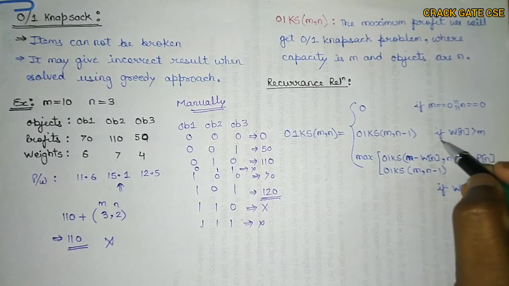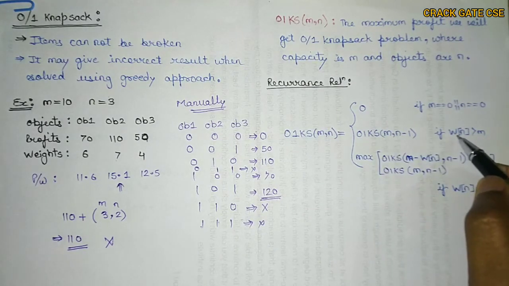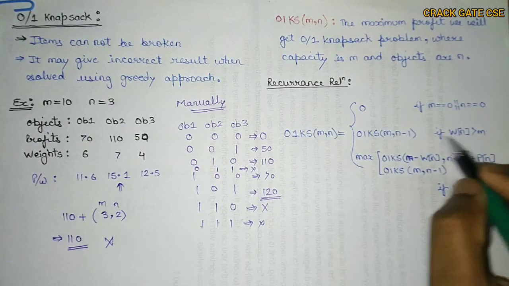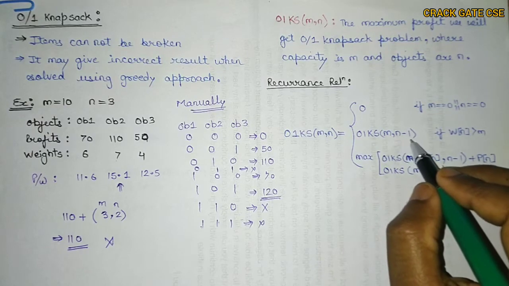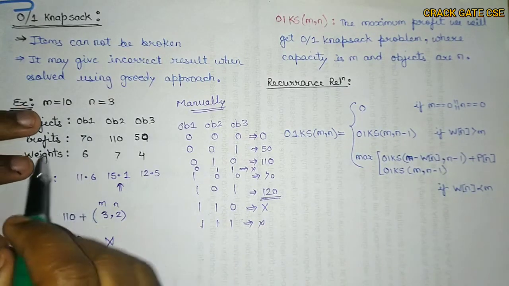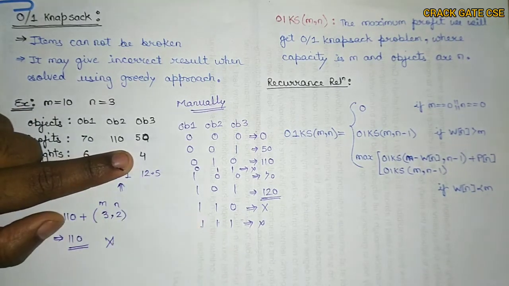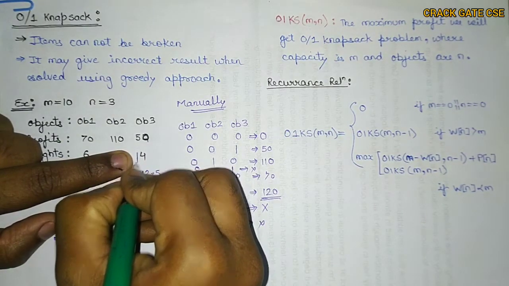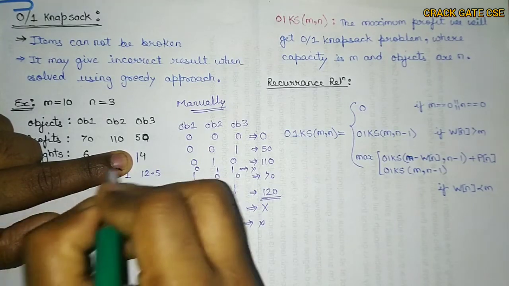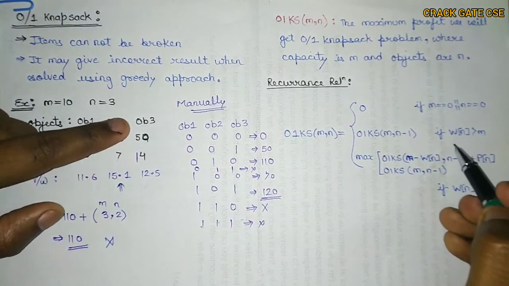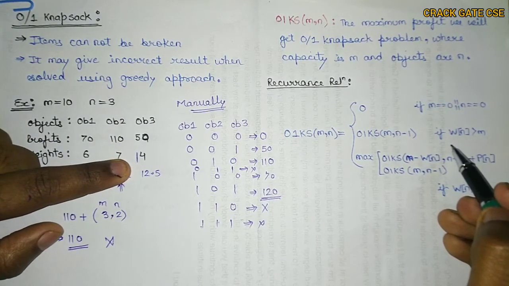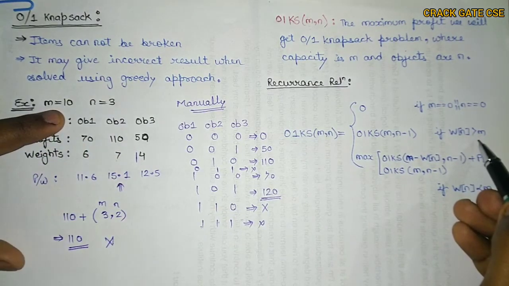Next, the second line says that if the weight of object n is more than m, then I will skip it. What is the meaning of m comma n minus 1? Skipping it. How? See, if I take this particular object 3 and I reduce the capacity from 14 to 4, then the weight of object 3 is 14, which is greater than the capacity.